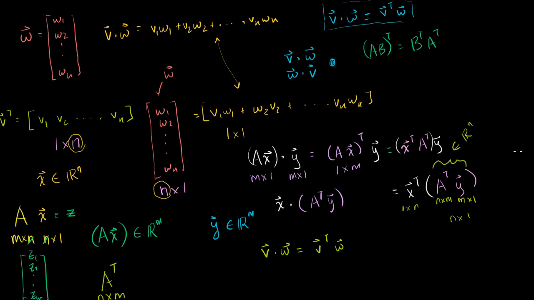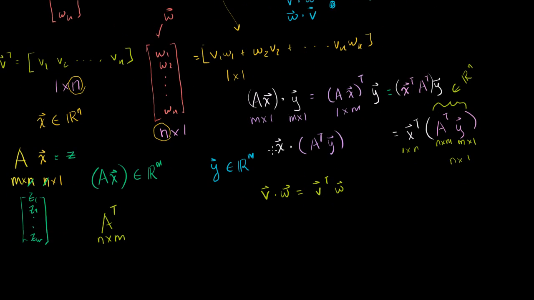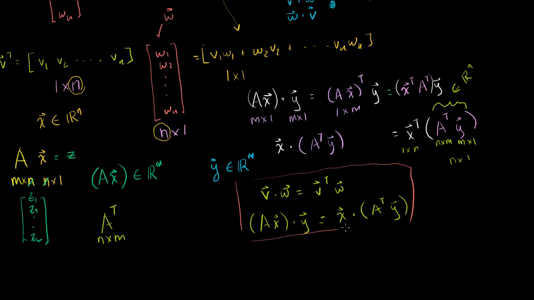And if I have some matrix, and you assume all of these matrix-vector products and dot products are well defined, if I have Ax dot y, some other vector y, this is equivalent to x dot, you're essentially putting the A with the other vector, A transpose times y. And this might be a useful result that we could build upon later in the linear algebra playlist.